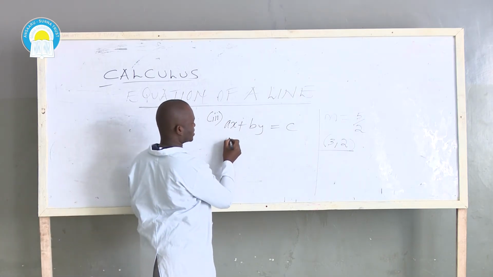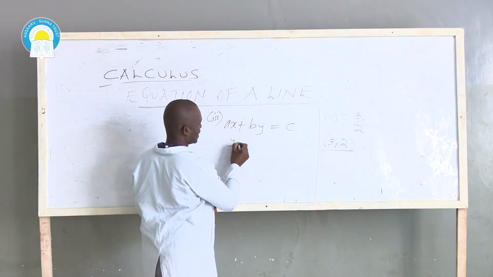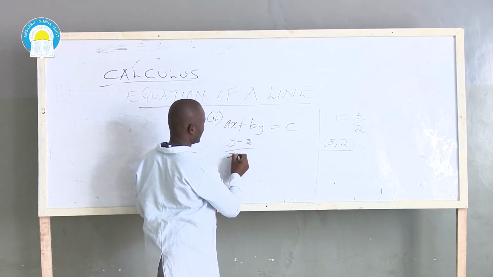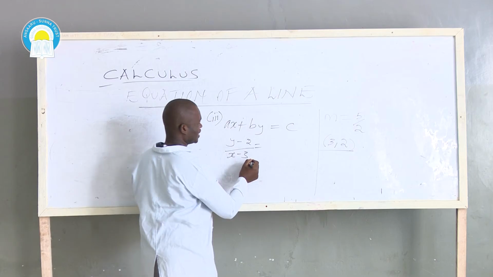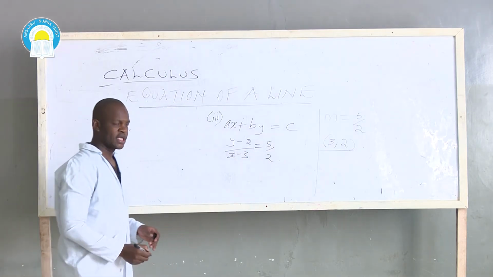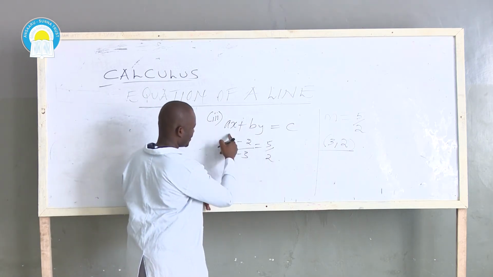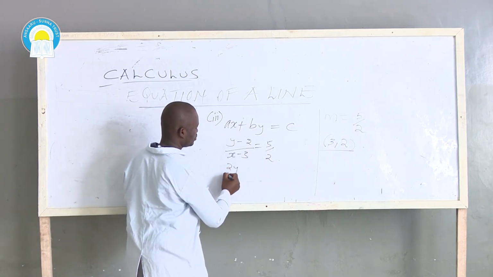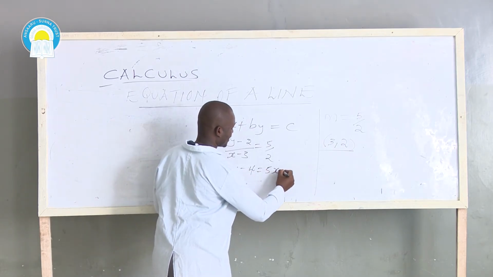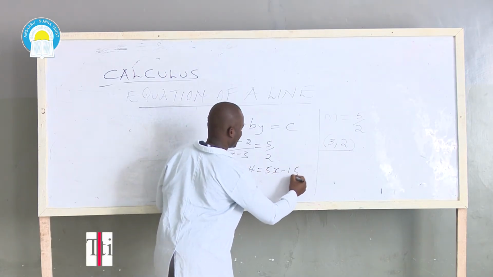So what shall we have? y minus 2 over x minus 3 is equal to 5 over 2. Then multiplying by 2, what do you get? 2y minus 4 equals 5x minus 15.